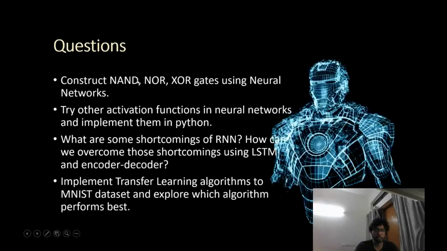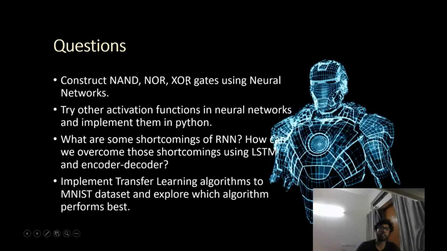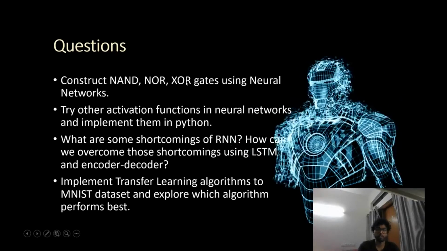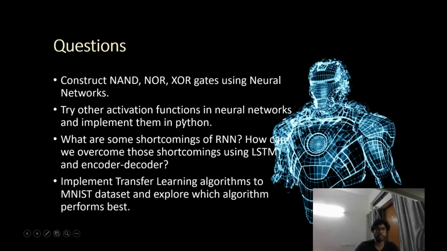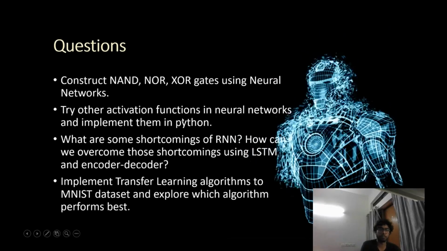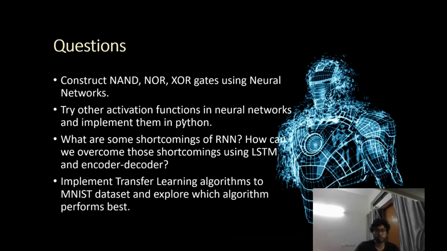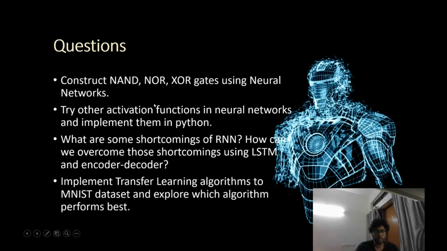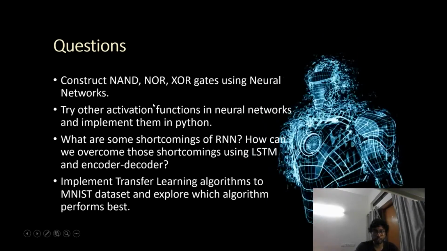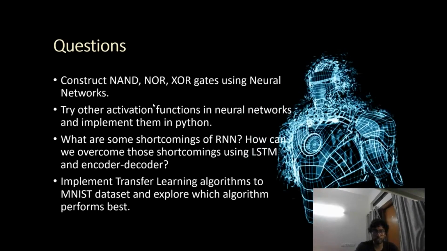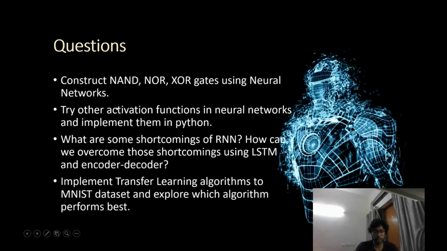You need to construct NAND gate, NOR gate, XOR gate using neural networks, using the method that I described. Also, try all other activation functions in neural networks and implement them in Python. Not only activation functions, try to play with all the other parameters that I have used in the notebook while doing the CNN, the RNN, and the autoencoder model.